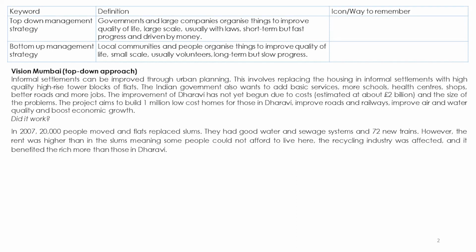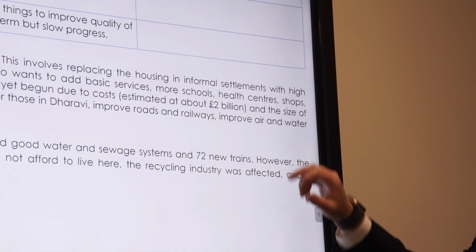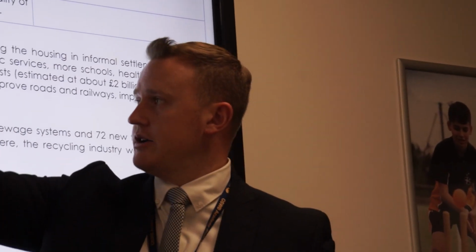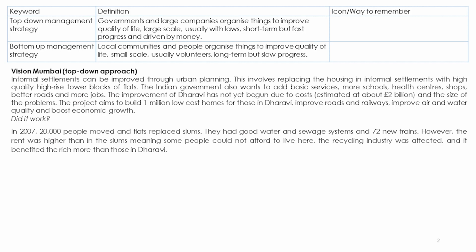So you can see through the text here, Vision Mumbai is all about improving town planning. It's about moving people in Mumbai out of the informal settlements in Dharavi into proper and established homes and housing. As you can see here in the text, so it's replacing the housing in informal settlements with high-quality, high-rise tower blocks of flats.